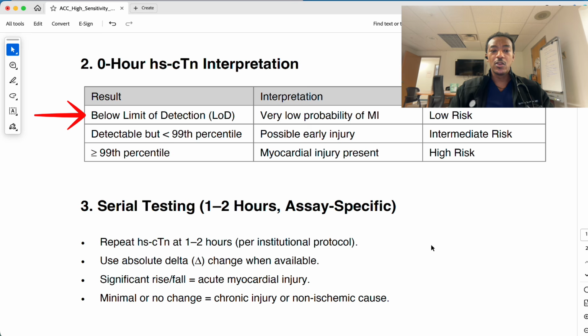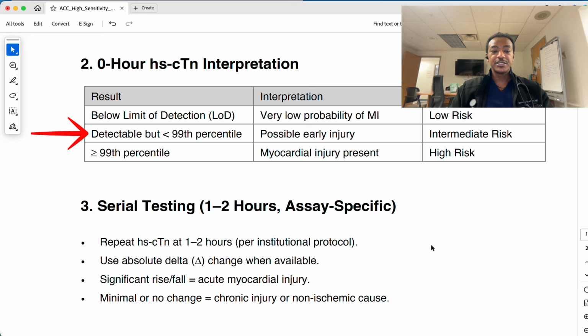If it's below the limit of detection for that assay, and the patient presented at least 3 hours after symptom onset, then this patient has a very low probability of myocardial infarction, with a 30-day major adverse cardiovascular event rate of less than 1%. This patient can be discharged from the ED.